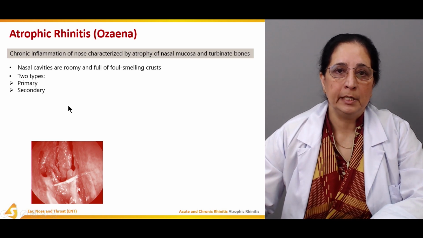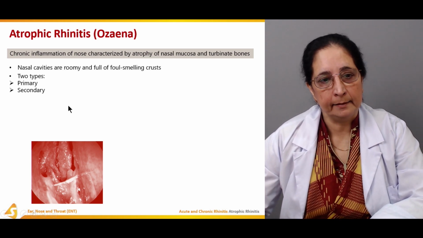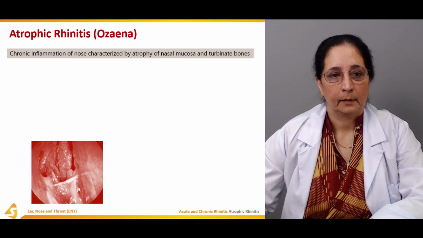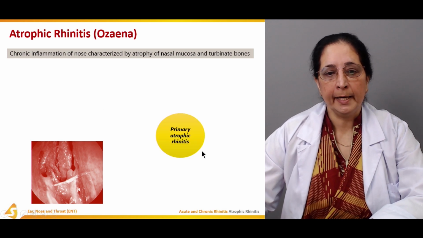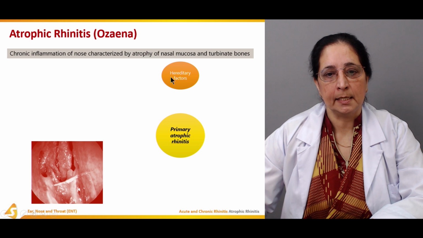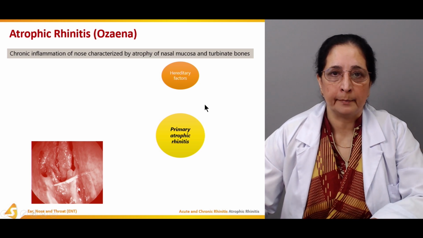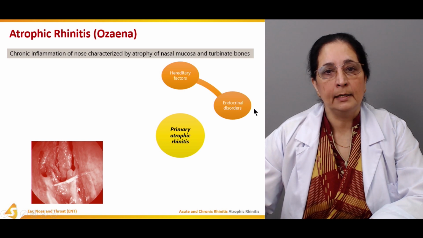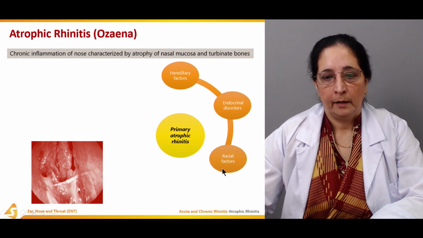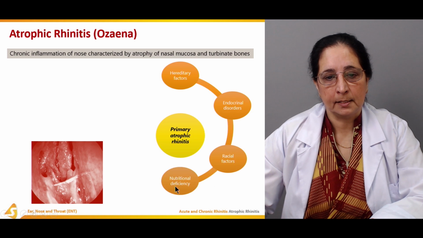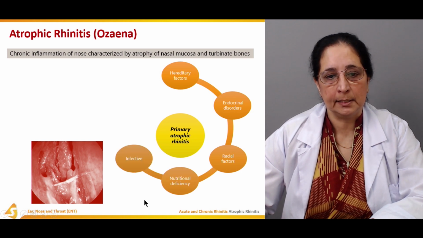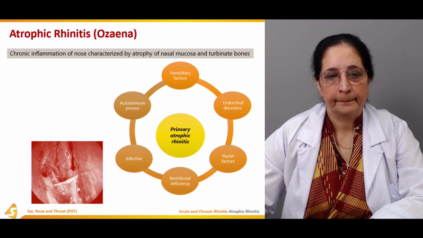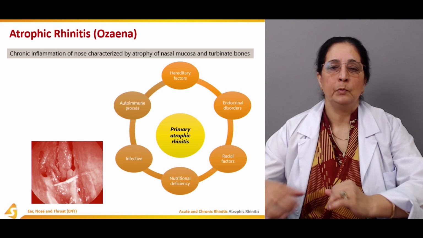There are two types, usually primary and secondary. Primary atrophic rhinitis is mainly due to hereditary factors, endocrinal disorders, racial factors, nutritional deficiency, infective, and autoimmune processes.